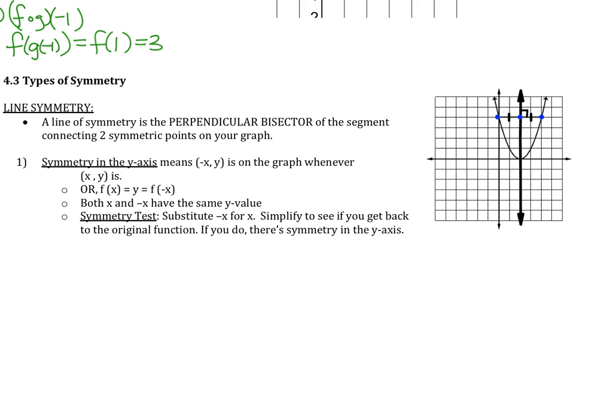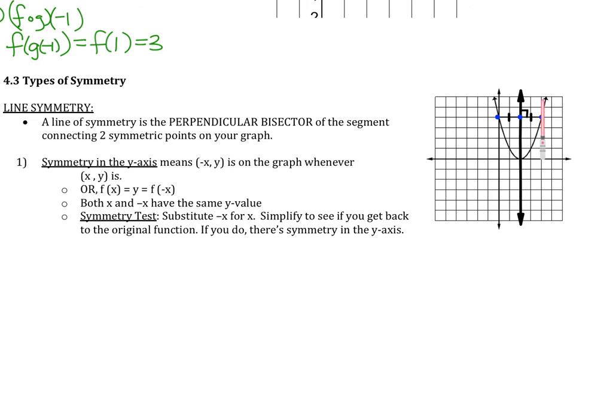So the first type of symmetry is line symmetry. We have a couple different types of line symmetry that we're going to be looking at. The first one I have here is symmetry in the y-axis. If we have symmetry in the y-axis, it means that whenever (x, y) is on the graph, so is (-x, y).